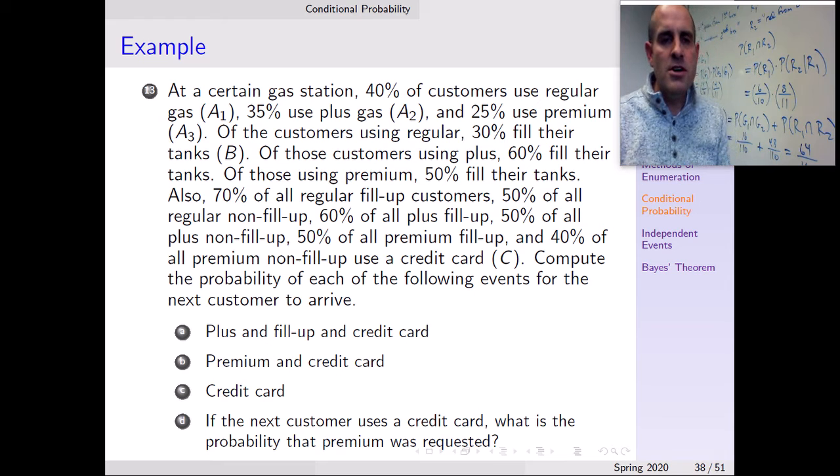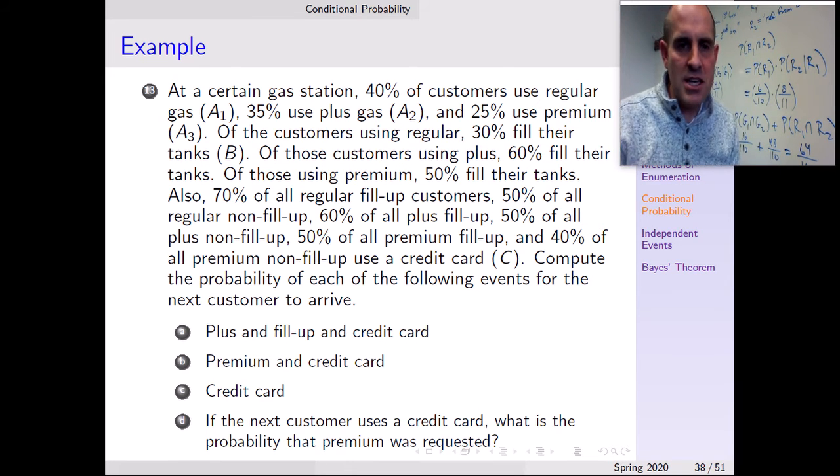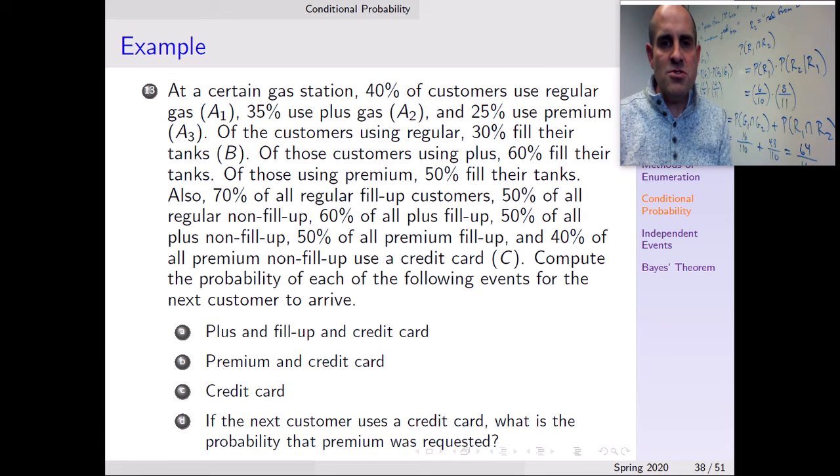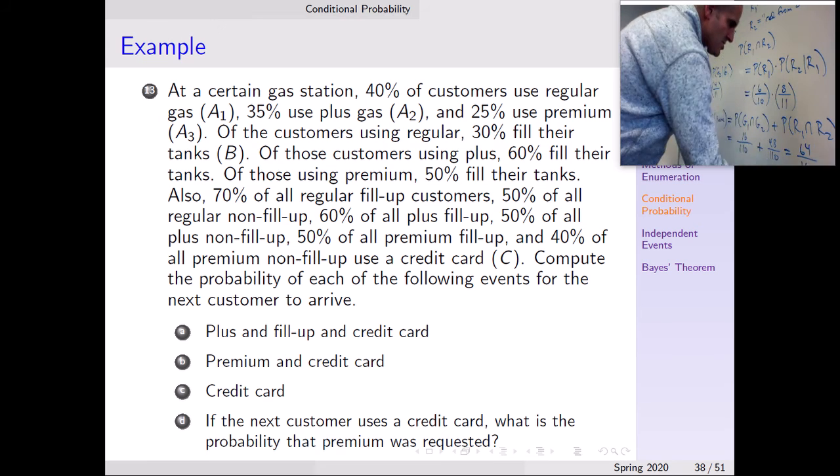Filling tanks, we're going to denote by B. Of those customers using plus, 60% fill their tanks. Of those using premium, 50% fill their tanks. Let's pause right there and actually write down the information as it's been given to us.